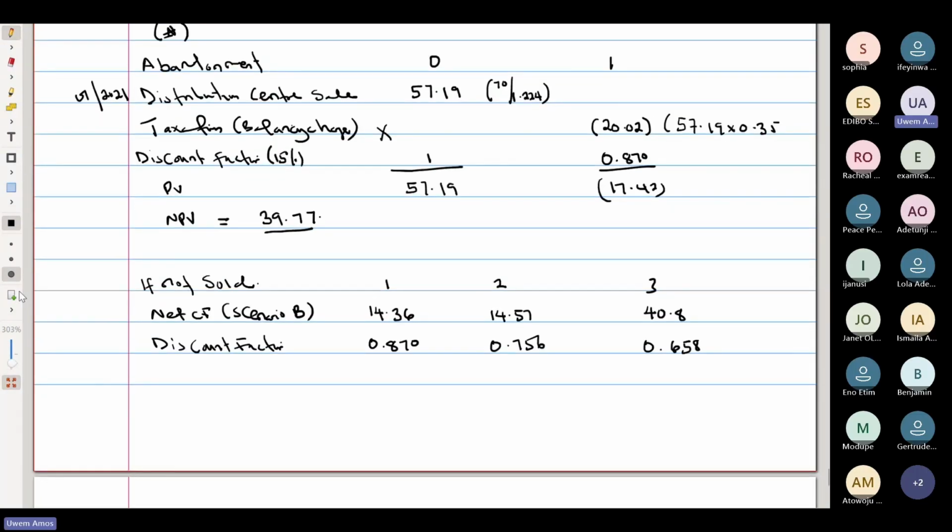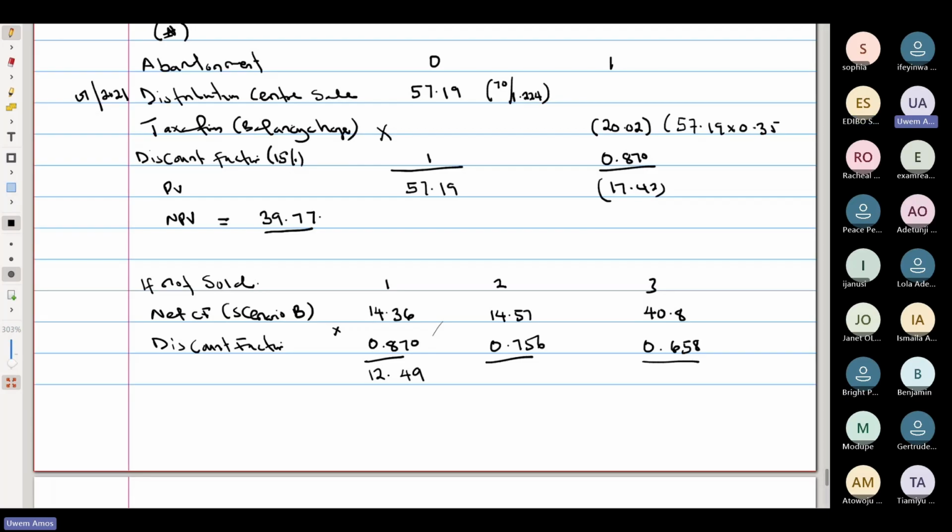Okay, so let's multiply. 14.36 multiplied by 0.870 is 12.49.